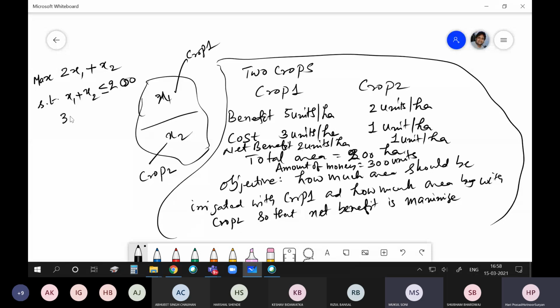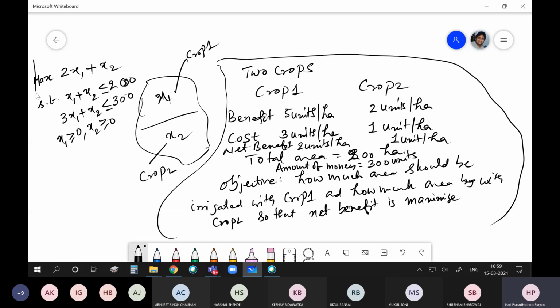So 3x1 plus x2 should be less than or equal to 300. Also x1 should be greater than or equal to 0, and x2 should be greater than or equal to 0. You cannot have negative values.